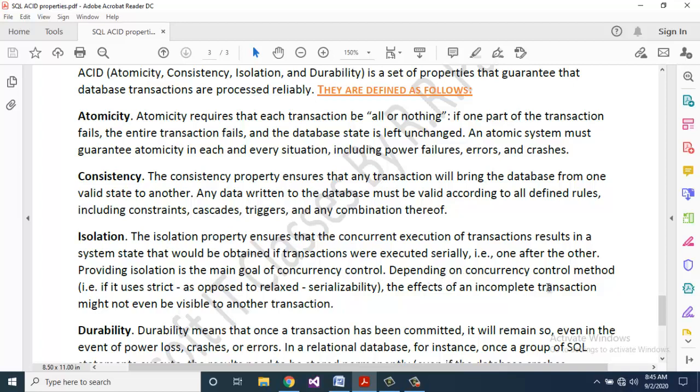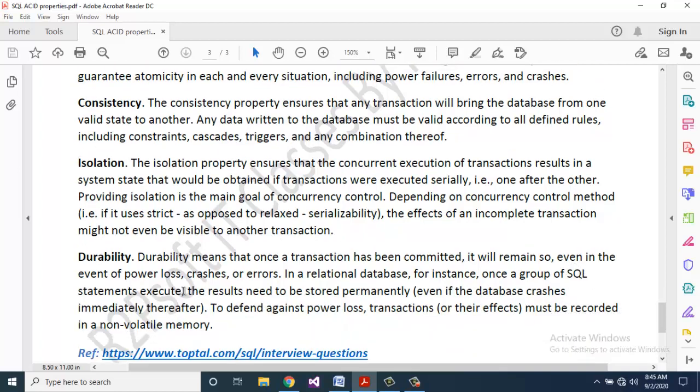Depending on concurrency control method, that is, if it uses strict as opposed to relaxed serializability, the effect of an incomplete transaction might not even be visible to another transaction.